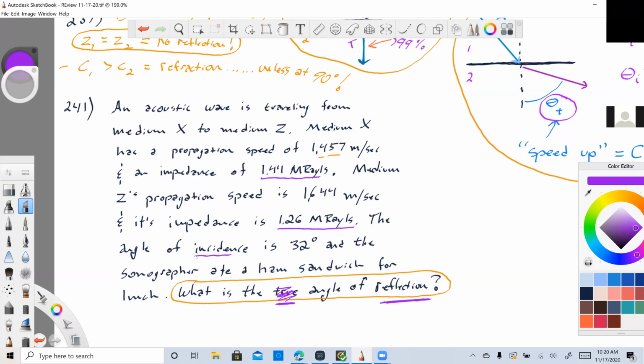The angle of incidence is 32 degrees. At this point, though, it's up to you to know that, it's actually measured from the normal.